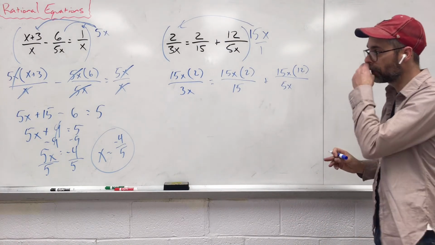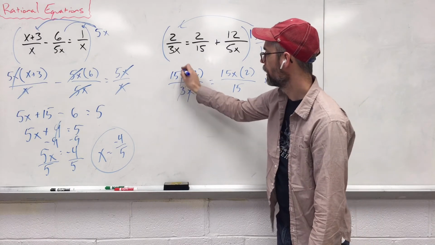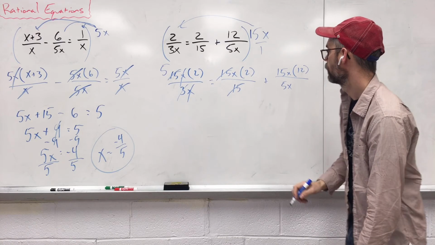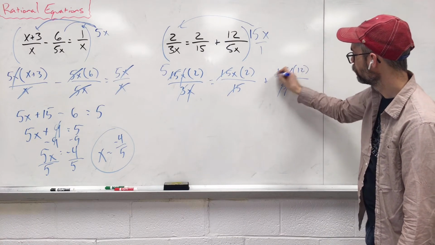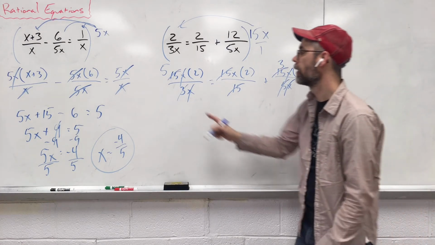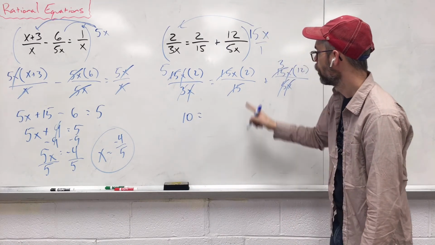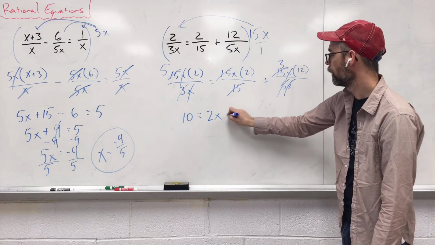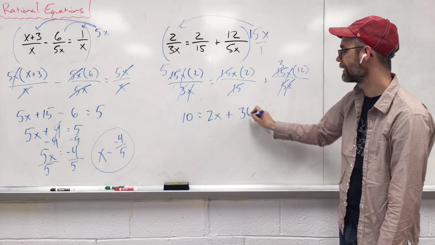Now when we go to simplify, x's cancel. 3 and the 15 turns to a 5. 15 cancels. X are gone. 5 cancels with the 15 and that turns to a 3. Now let's simplify. We have 5 times 2 giving us 10 equals, we have 2 and an x, so 2x plus a 3 and a 12 giving us 36.